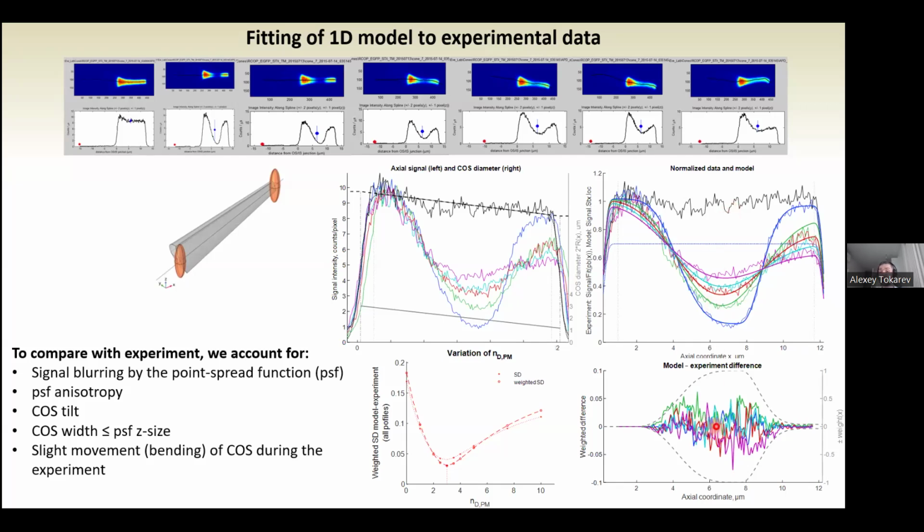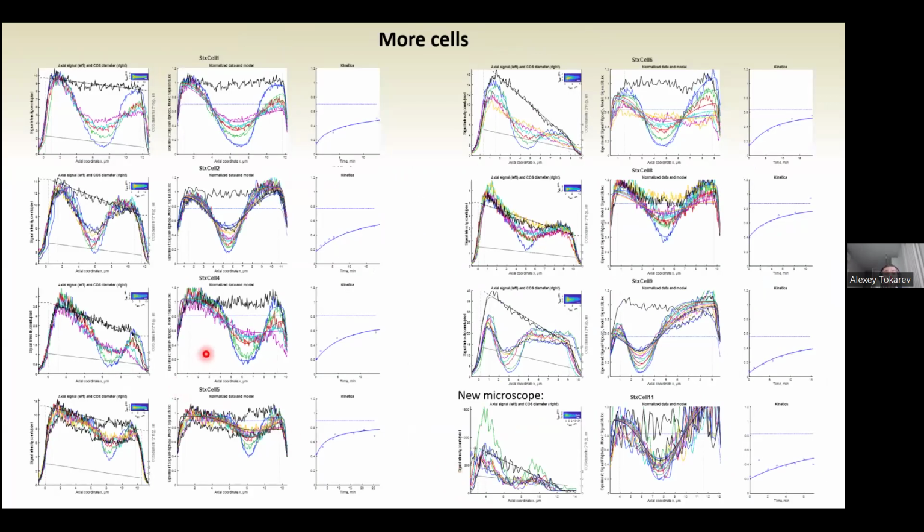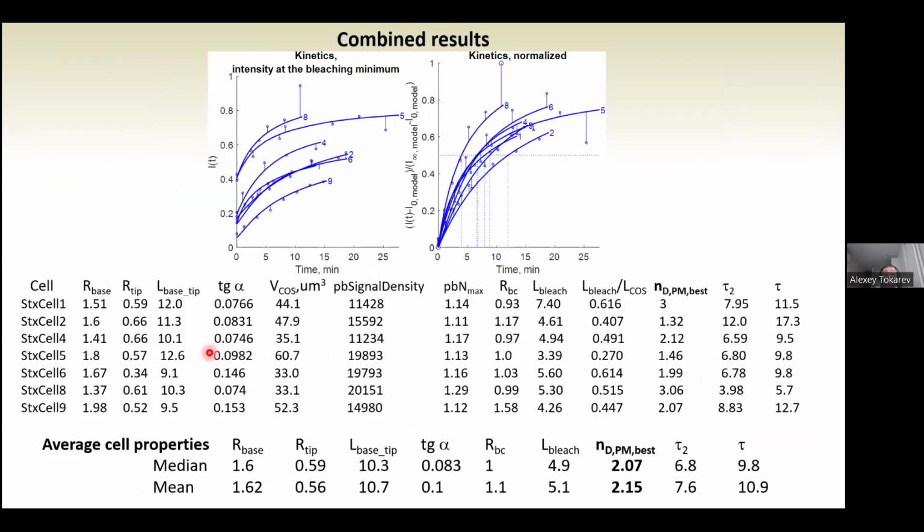Here we see the difference between experiment and model in every trace, and we see that when we vary the diffusion coefficient in the plasma membrane, at some point we have the minimum error. Okay, we do it for multiple cells, the same approach, and we can compare this multiple data here in one slide.